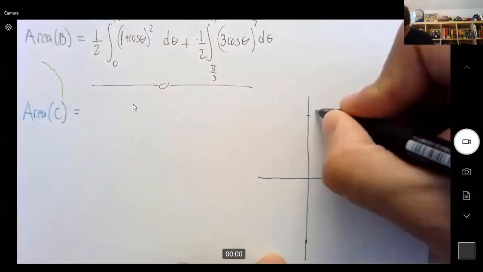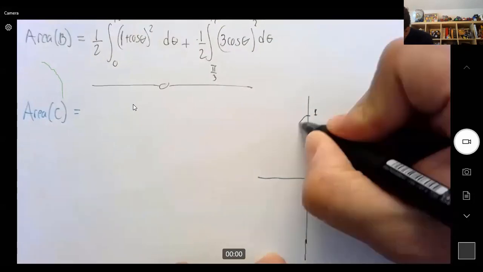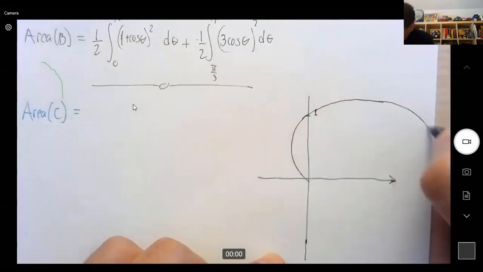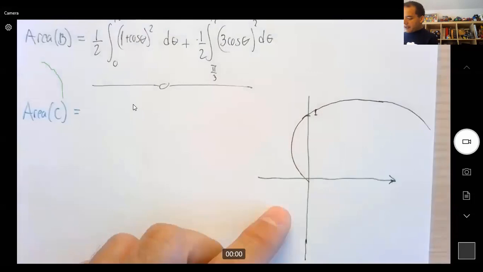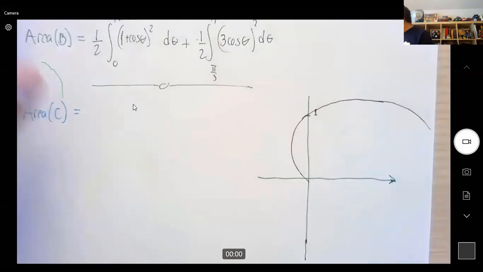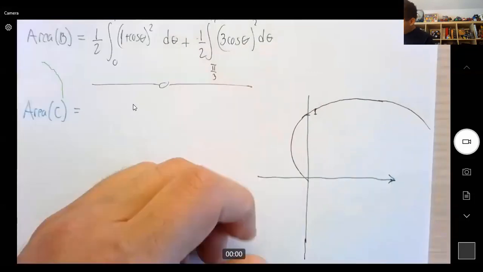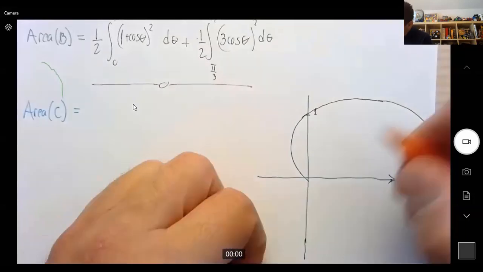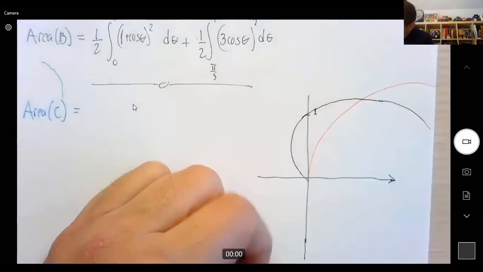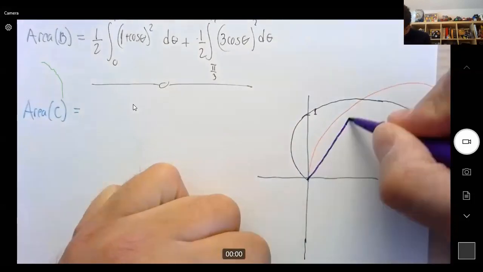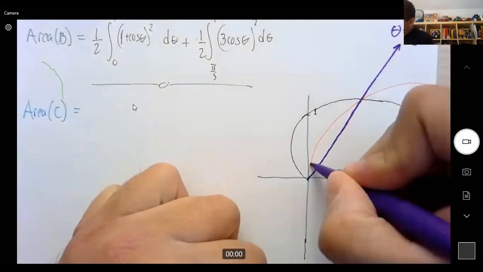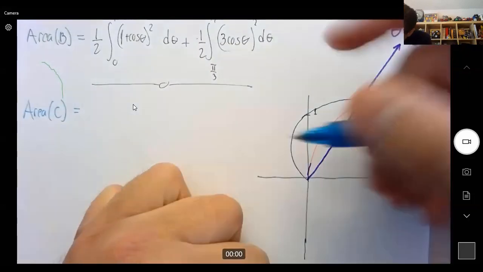So here's one, and then we have the cardioid, and this grows. I don't care about that part anymore. And then we have the circle. So the circle is of radius 3. And we knew this was the angle pi over 3. Okay, and then we want to figure out this area over here.